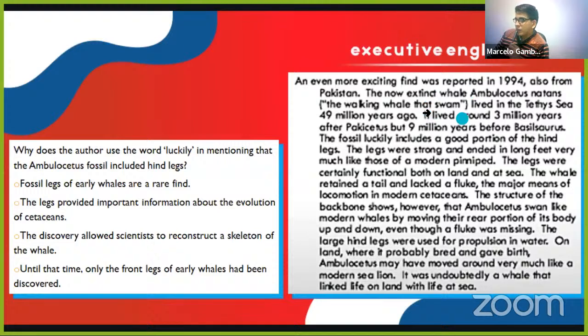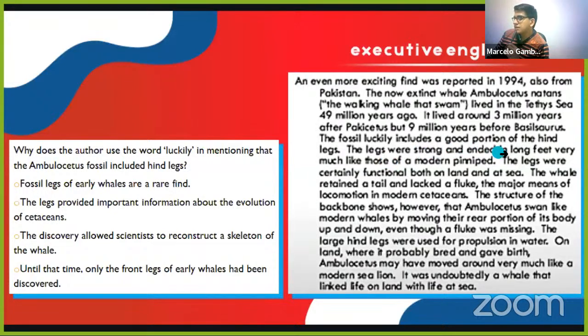The extinct whale Ambulocetus, the walking whale that swam. Of course, they're talking about a species that no longer exists. It lived around 3 million years after Pakicetus, but 9 million years before Basilosaurus. Okay, so they're talking about, luckily, the fossil luckily includes a good portion of the hind legs.